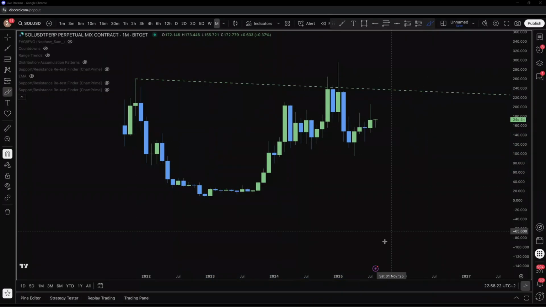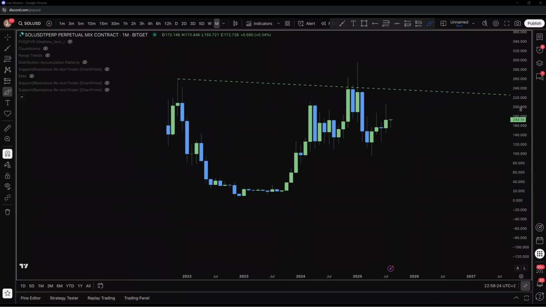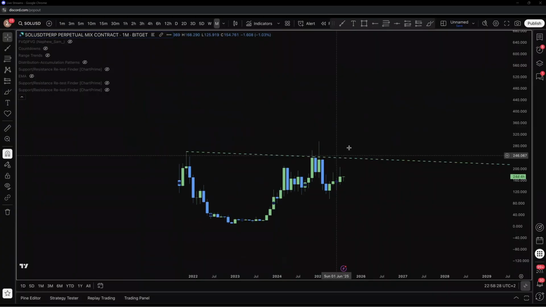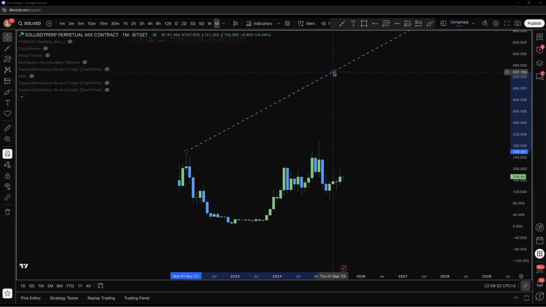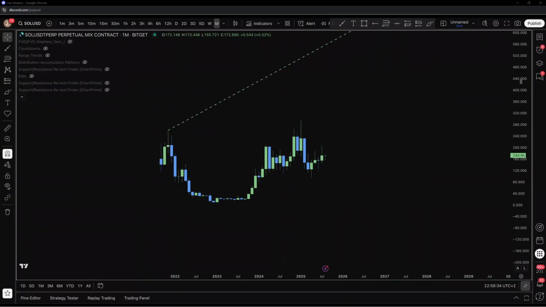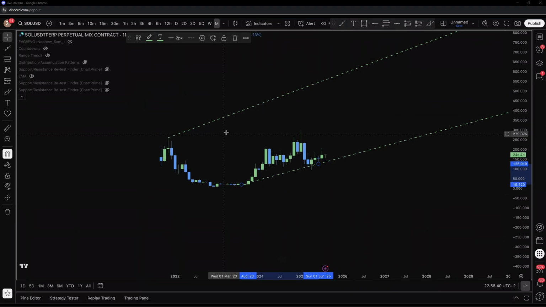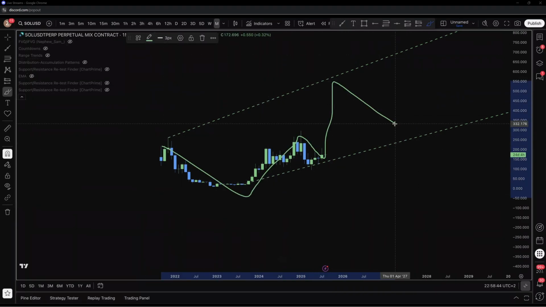So if Solana goes to 1,000, we could draw that trend up to the new wick, right? You can imagine, when, I should say when, right, guys? I mean, this isn't correct, but you'd have this kind of shape, this kind of channel. It's pretty common.